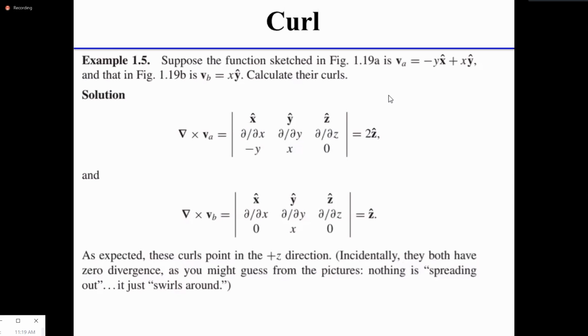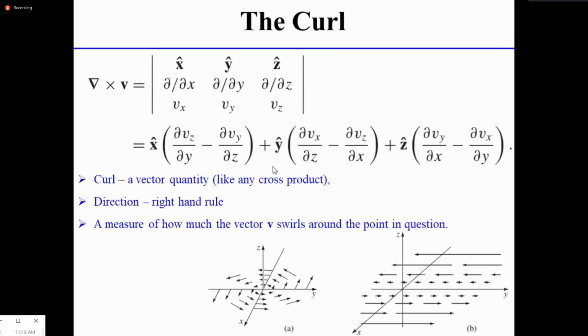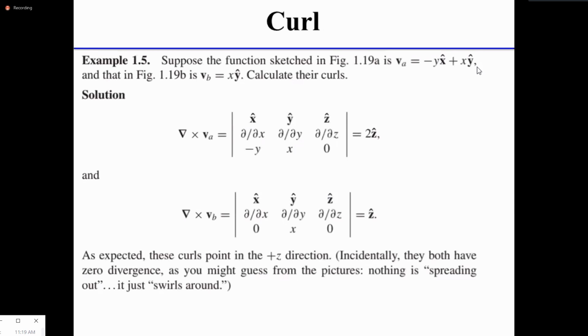This curling function can be represented with this equation.